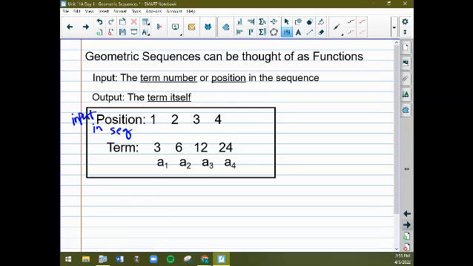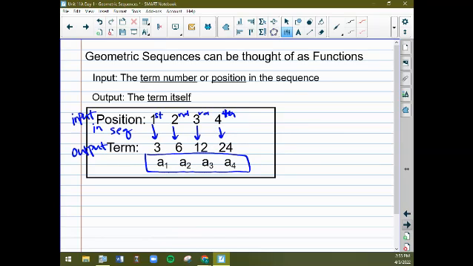The first position would be 3, the second position would be 6, the third position would be 12, and the fourth would be 24.